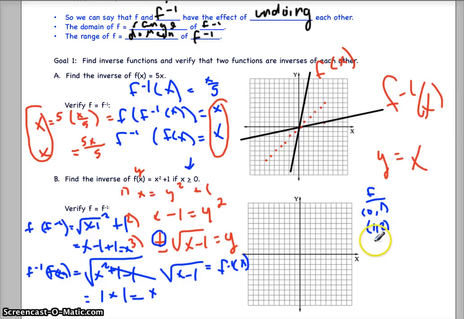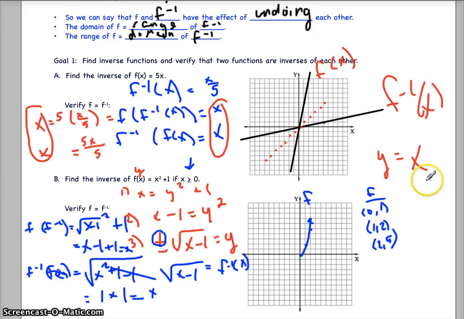I'll plug in 2, 2 squared is 4, and 4 plus 1 is 5. Now, why am I only choosing positive values? Because of the given domain. So we have ordered pairs of (0, 1), (1, 2), and (2, 5). And there's the function f.